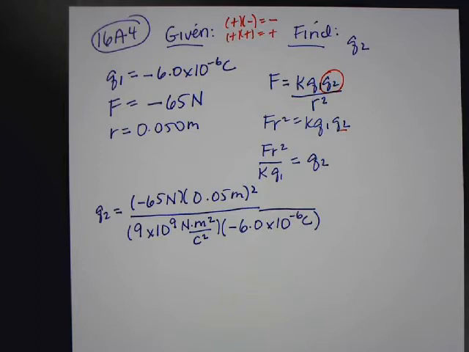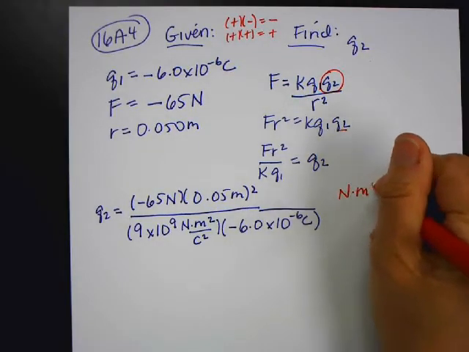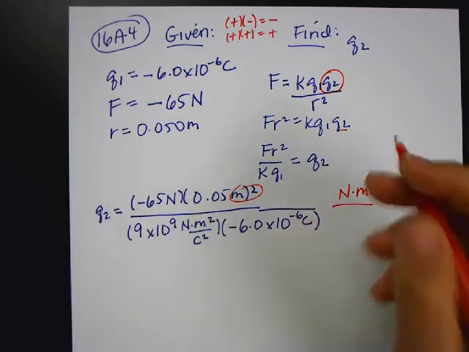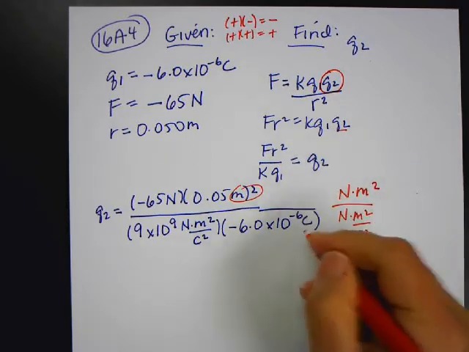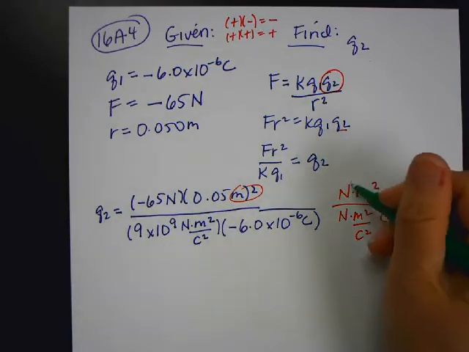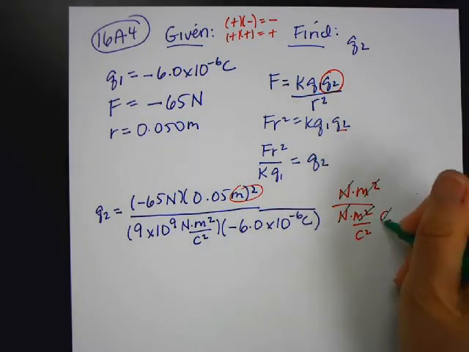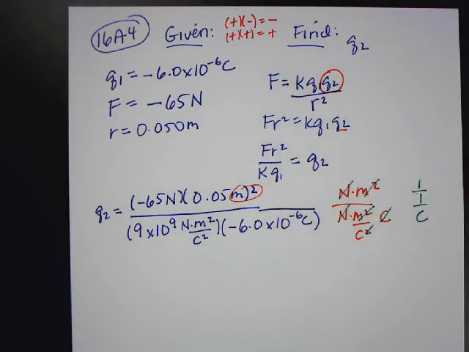So when I do this, in my numerator I have newton meter squared. That's this and this. In the denominator, I have newton meter squared per coulomb squared, and then I have a coulomb. So now I'm going to start canceling. This newton cancels with this, meter squared cancels with this, and so on. So I end up with 1 over a coulomb.